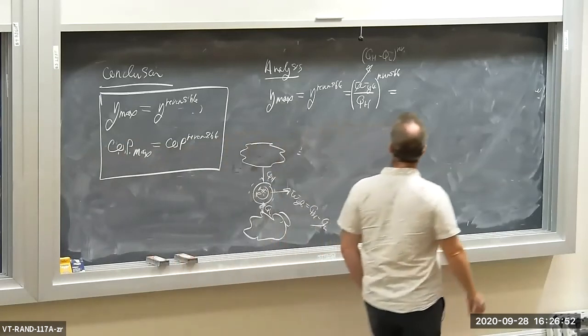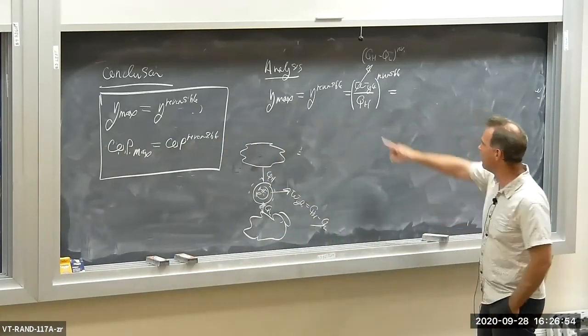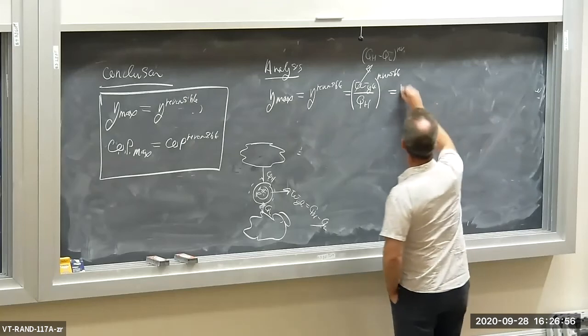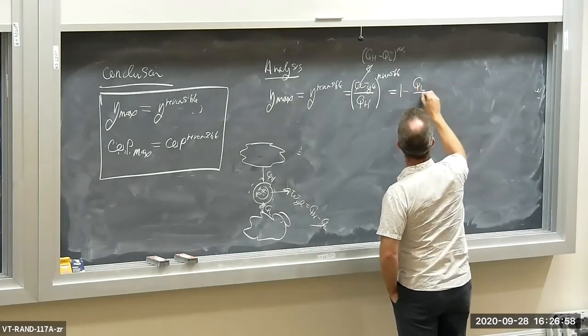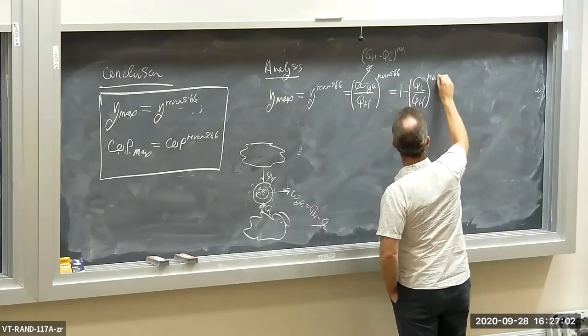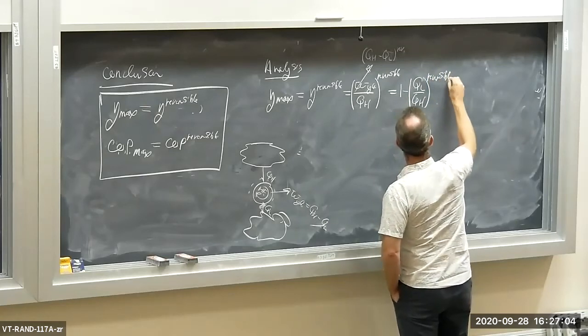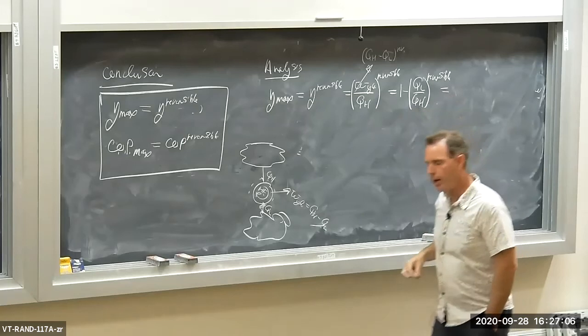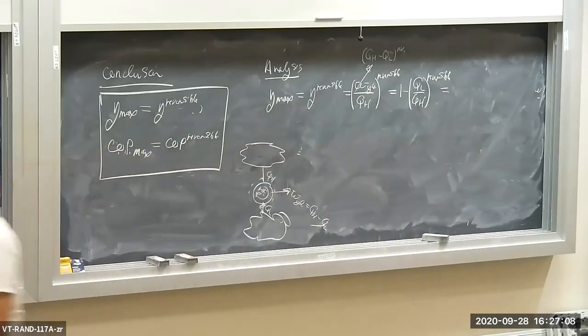Okay, so Q high minus QL divided by Q high, I get 1 minus QL over QH for the reversible heat engine.